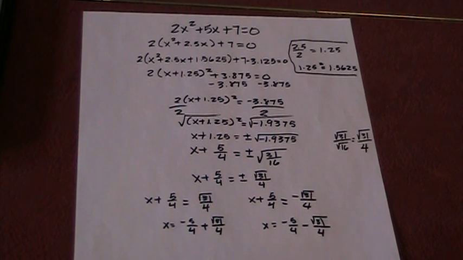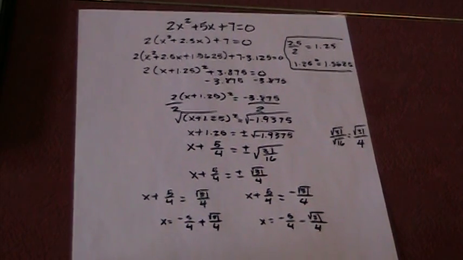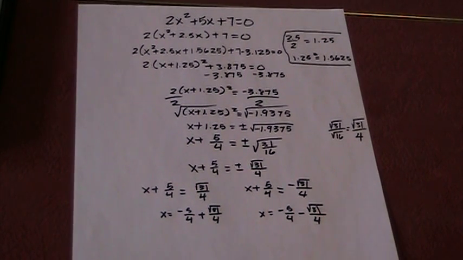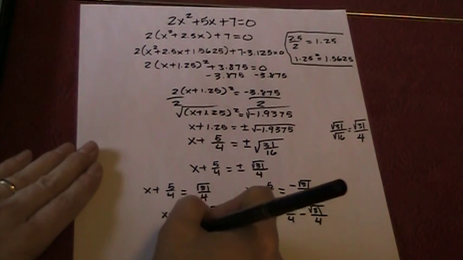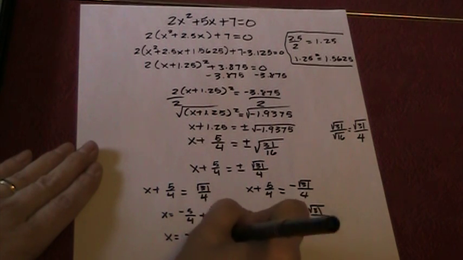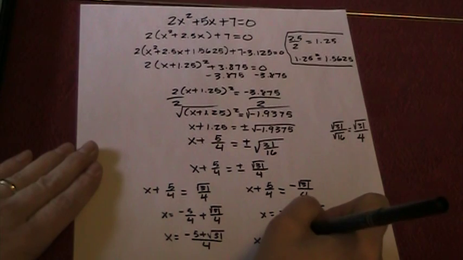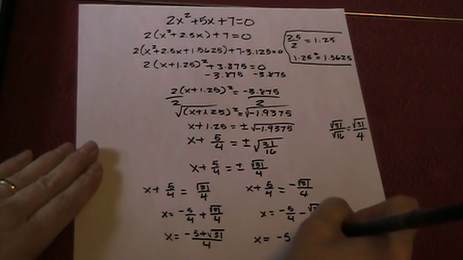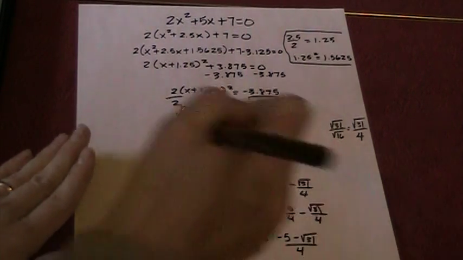And in this case, whoever wrote this problem was really nice because they gave the solutions common denominators. So what you'll see is you can write it like this. This is correct, but a lot of times you'll see it as combined. So you'll see x equals negative 5 plus the square root of 31 over 4, and x equals negative 5 minus the square root of 31 over 4.